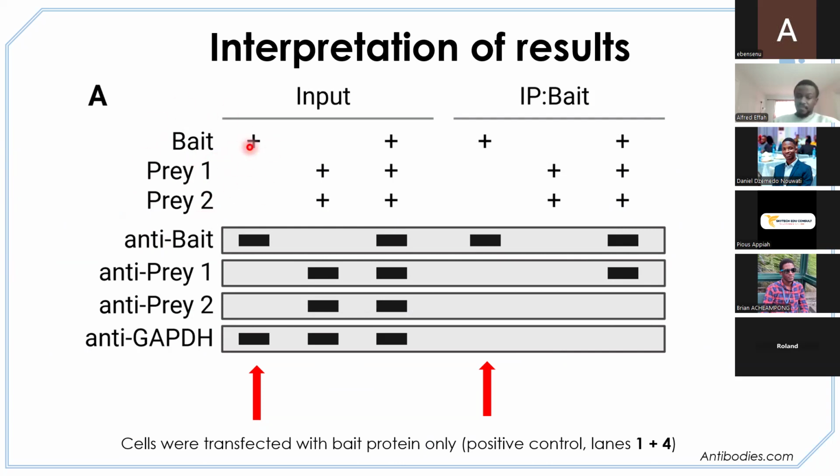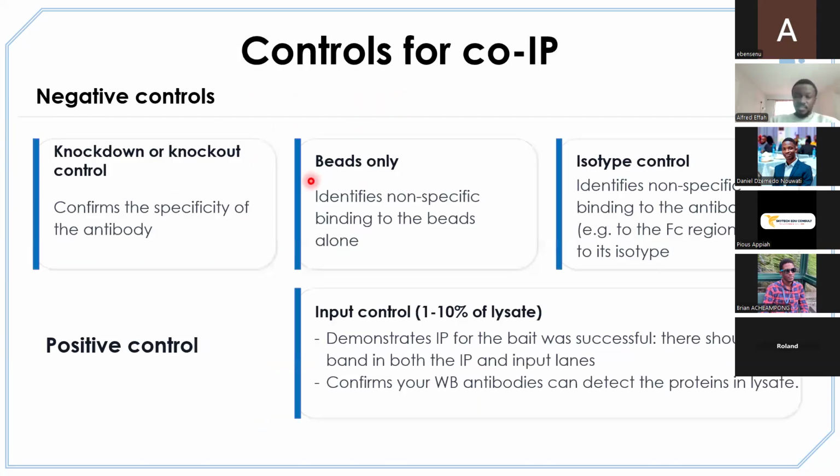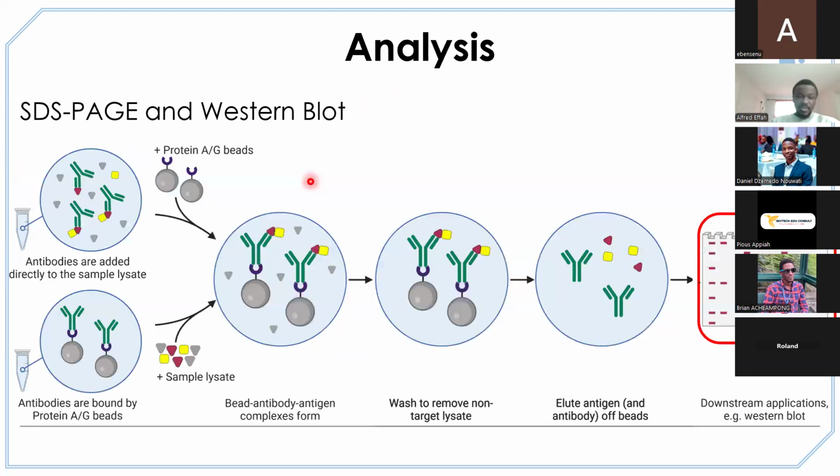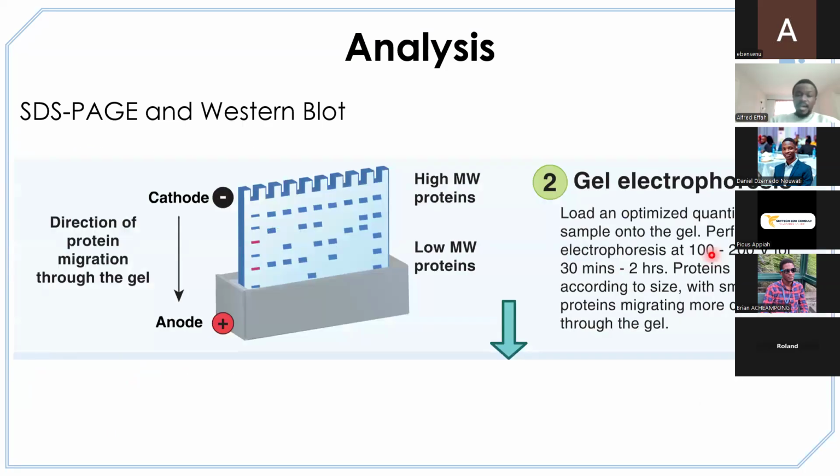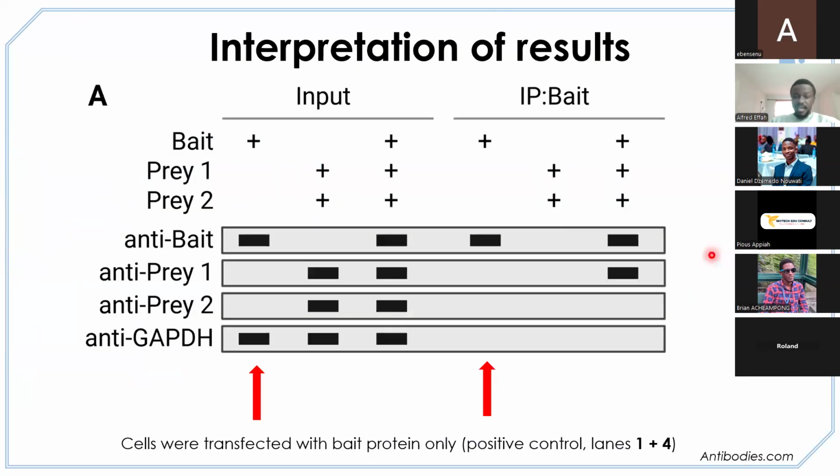That's the aim. This is our input. It tells you that this input is coming from the lysate. So when we lyse the cells, we just took a portion and then we performed the Western blot. We did not go through all this process. We just took a portion from here.